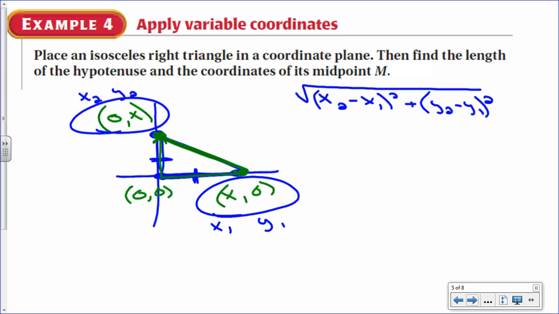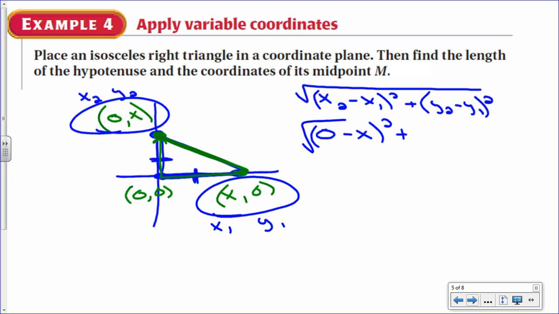So if I use these numbers, I'd be taking 0, subtract a negative x. Gotta fix that. Make sure I have that right. I would be taking 0, subtract x. There we go.